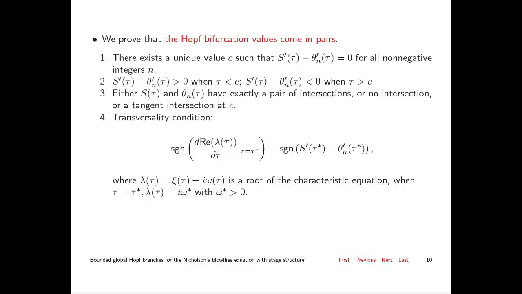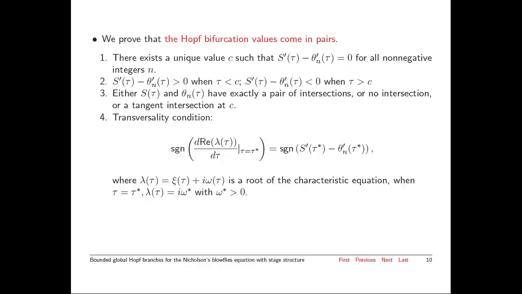And we find that if S and theta have a tangent intersection at C, then the derivative of S minus the derivative of theta should be 0. So in this case, the transversality condition does not hold, and so there is non-existence of Hopf bifurcation.